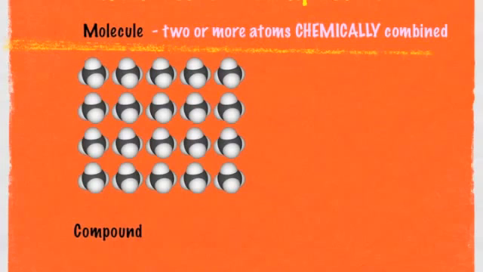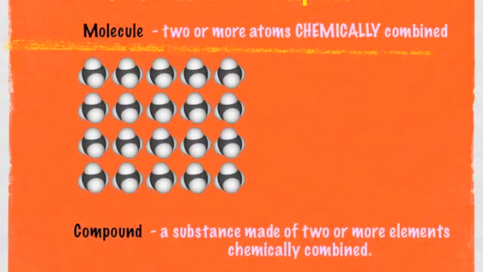One of the definitions of a compound is a substance made up of two or more elements chemically combined. That sounds like almost the same definition as for a molecule. Two or more atoms chemically combined is a molecule. Two or more elements chemically combined is a compound.